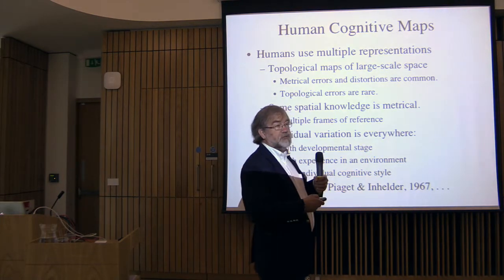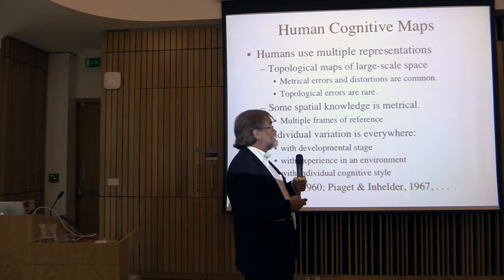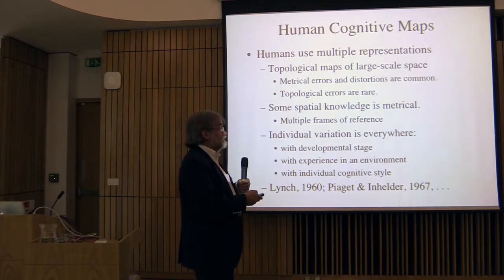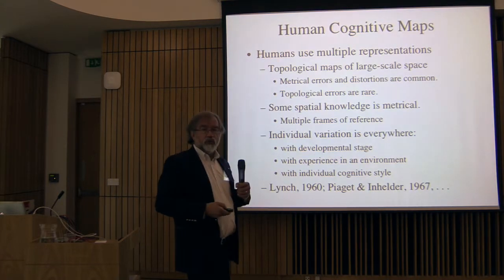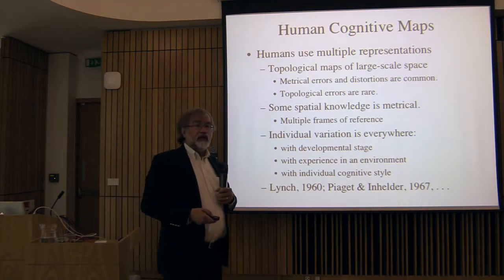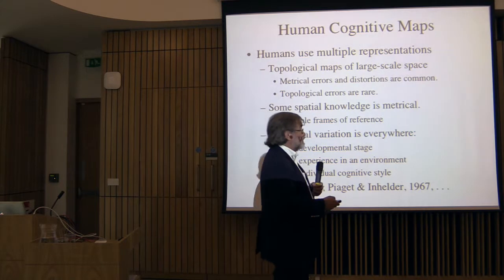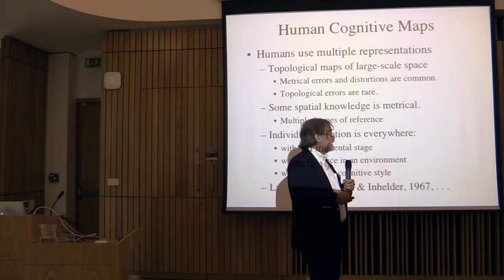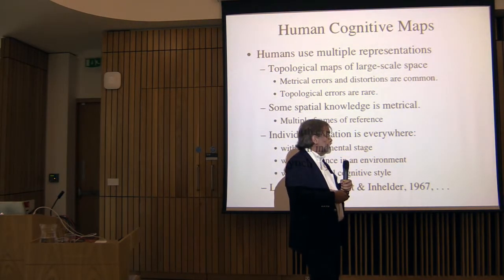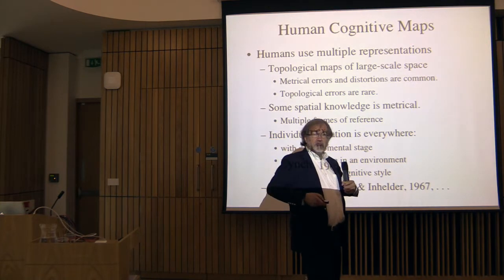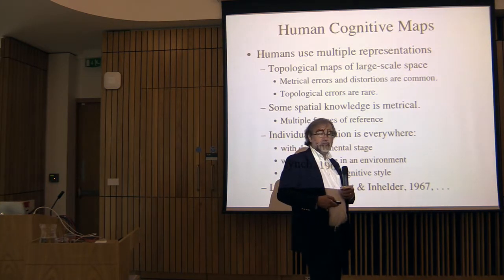Most people actually build topological maps. Some people don't. The interesting particular thing is that individual variation is really everywhere here. And that includes variation as children grow up, as one learns an environment, and of course with just individual style.